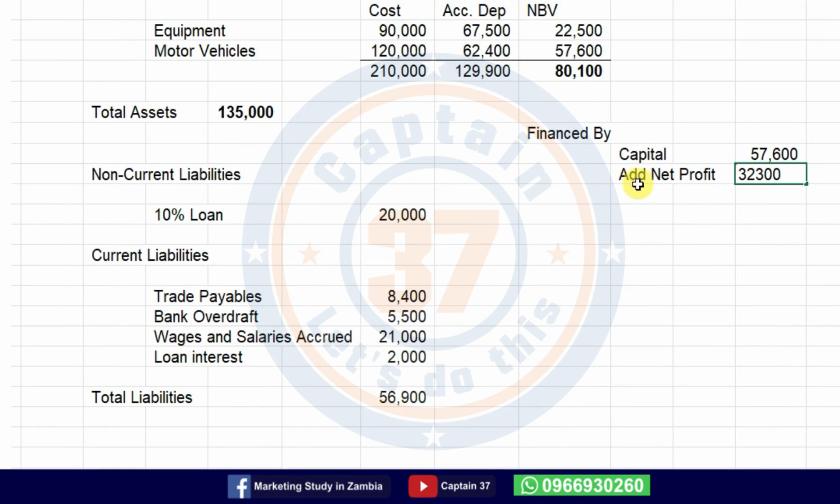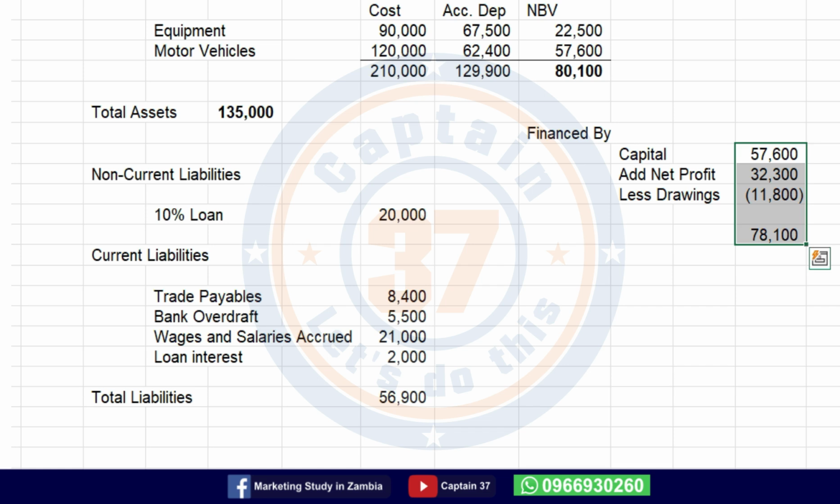Then we less drawings, and the value for drawings was 11,800. When we add these three together, it gives us 78,100.